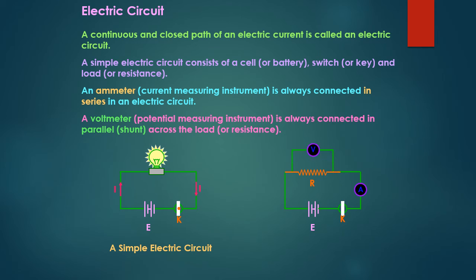When the key is opened, it does not allow electric current to flow, and we can say the circuit is open, or off. So two simple circuits have been shown here. One comprises a bulb, and the other comprises an ammeter, a resistor, and a voltmeter. If you arrange these electric components in such a way, then you can make a simple electric circuit.